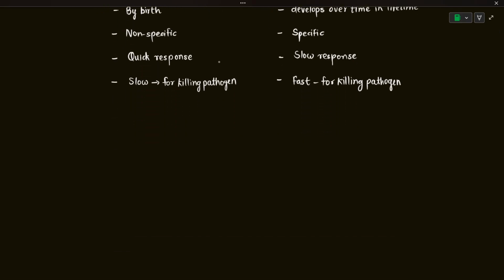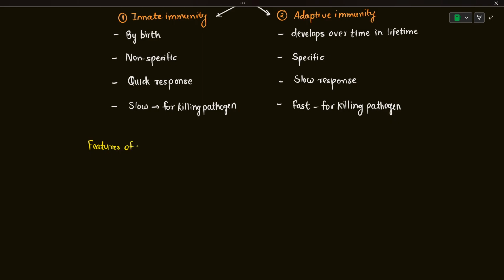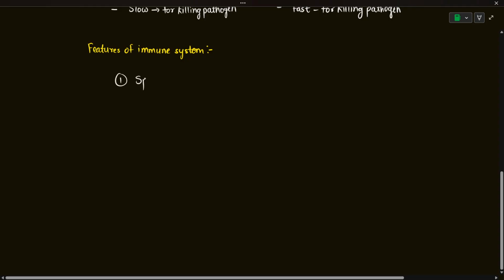I would also like to discuss the characteristics or features that our immune system has. Our immune system possesses different characteristics, which make it a very sophisticated machine to kill pathogens and eradicate their harmful effects. The properties of our immune system are: first is specificity.